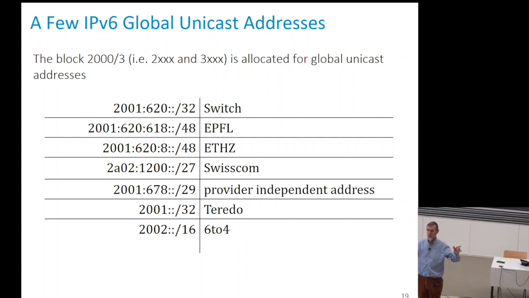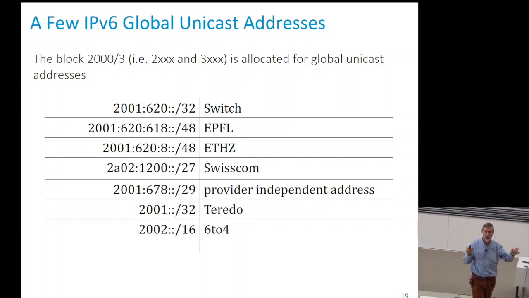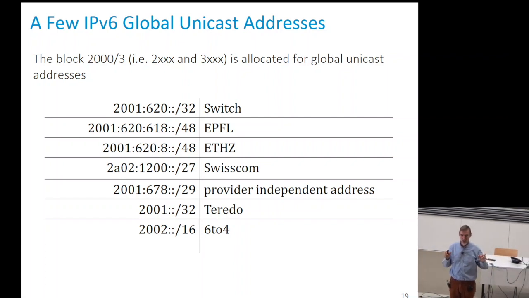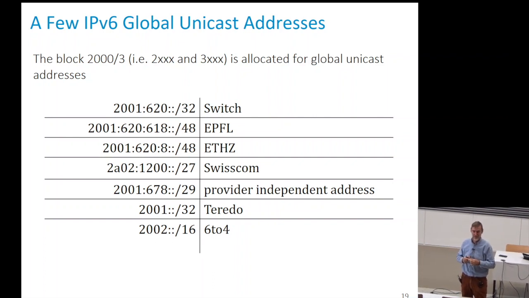So 128.179 and 128.178 are EPFL, but 128.177 is, I don't know where, perhaps it's a network in South Africa. And 128.176 is perhaps a network in Latin America. So there is no way to aggregate the things together because they go to different directions.